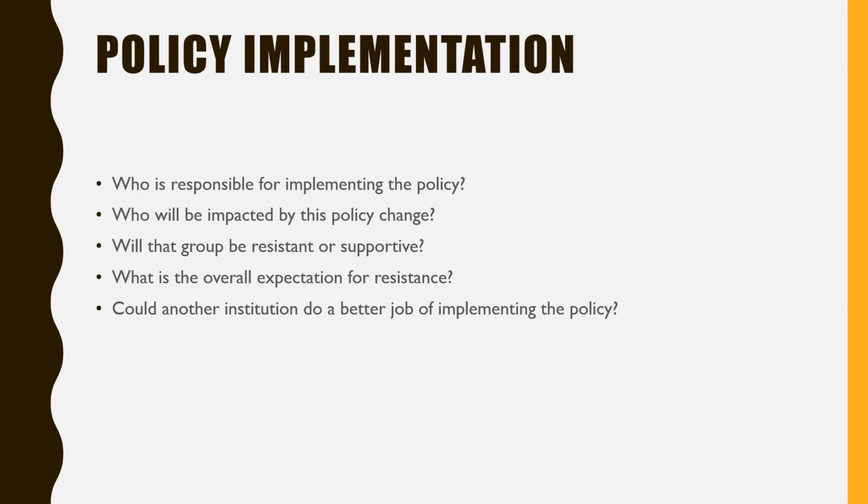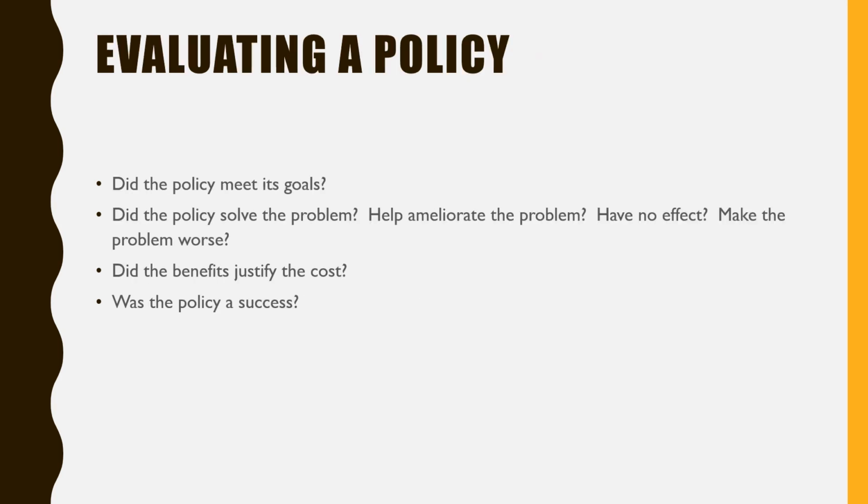So policy implementation is a critical aspect. And so you should have some plan for implementing the policy along with your proposal. Policy making doesn't always end. In fact, sometimes it continues forever on an iterative basis.